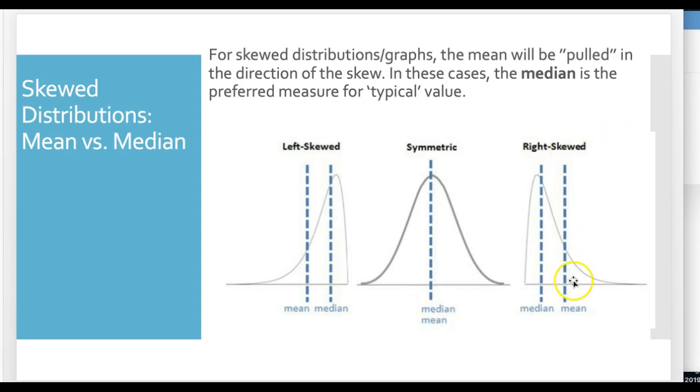And then of course if it's right skewed, the mean is going to be pulled in this direction because it's being pulled by these larger values out here, whereas the median is going to stay put. So the median would be a preferred case here. These pictures are like the textbook pictures, and it's obvious as far as which case you're going to get. As you've seen in our analyses, it's not always so straightforward, but we try our best to see the pattern.